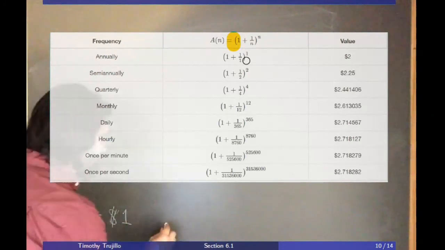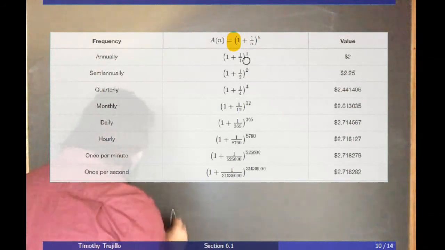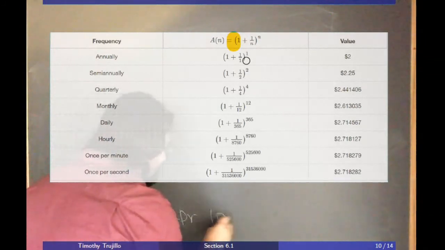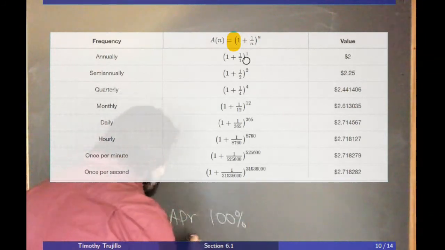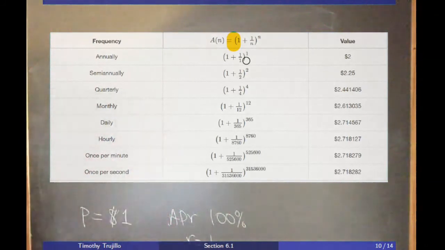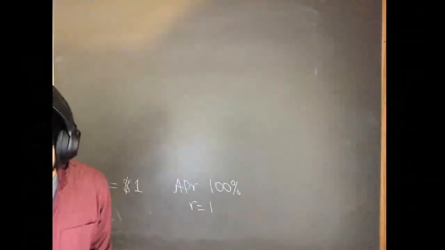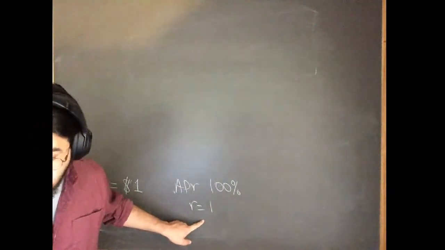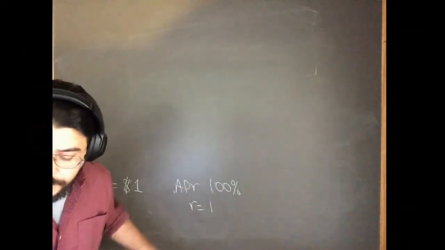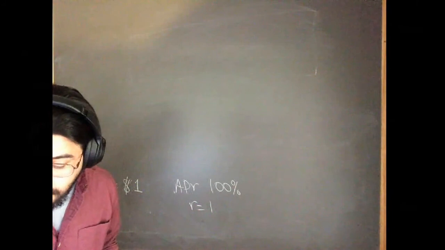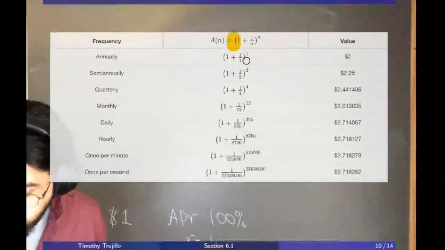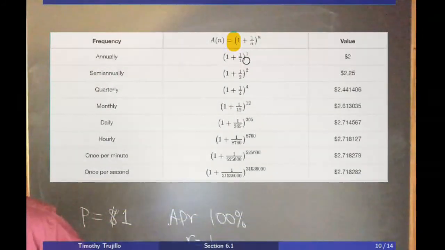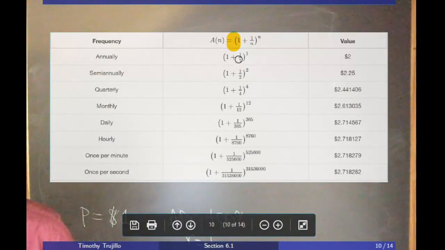We're going to assume that the R, the APR, is 100%, and that means that the R is going to be 1. Remember that you just want to convert whatever that percentage is back into a decimal, and 100% would be 1, 25% would be 0.25, and so that's why we have this R value of 1 in this picture here.